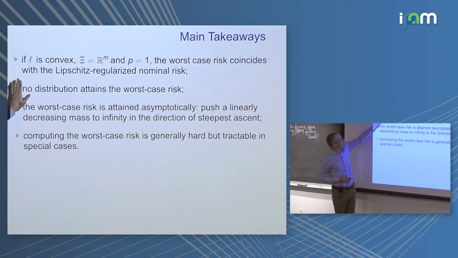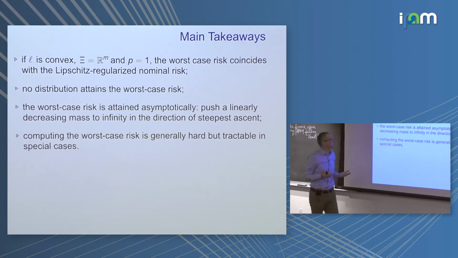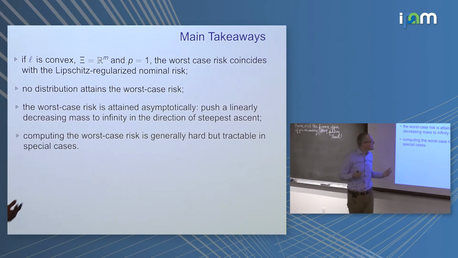So again, if the loss function is Lipschitz, we have no support constraints, and P is 1, then the worst case risk coincides with the Lipschitz regularized nominal risk. One can show that no distribution ever attains the worst case risk, except in very naive, trivial settings where the loss function is linear. However, it is asymptotically attained by moving a decreasing probability mass to infinity in the direction of steepest descent.